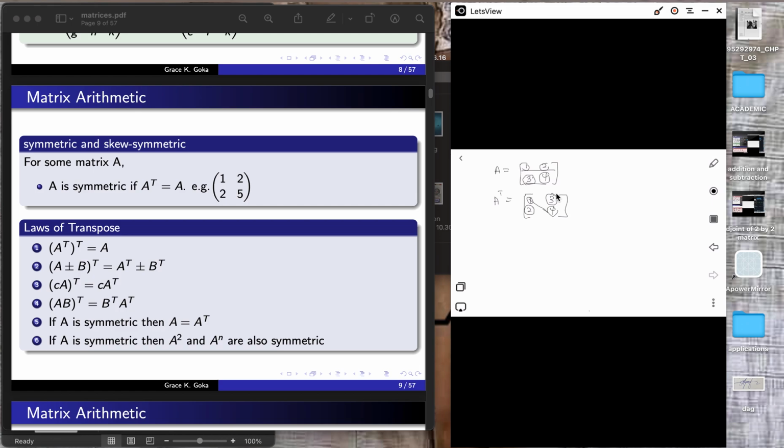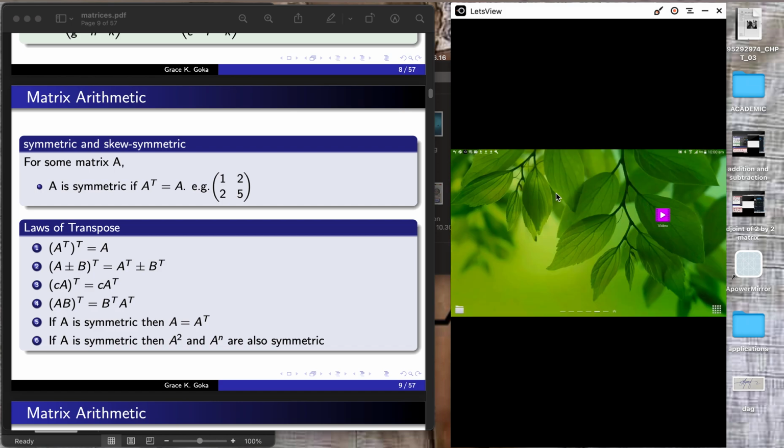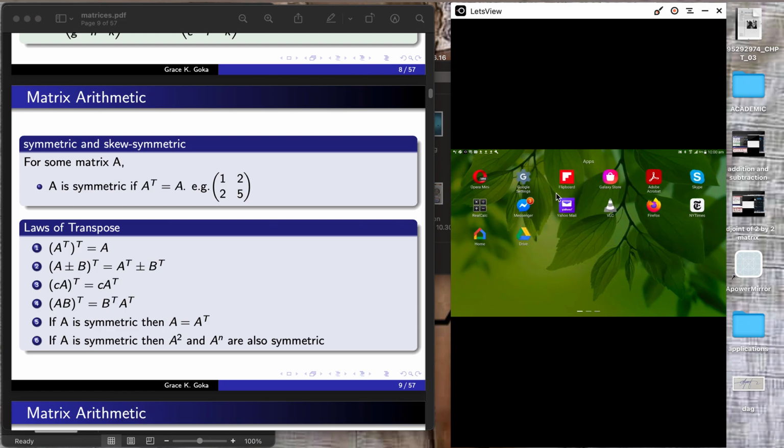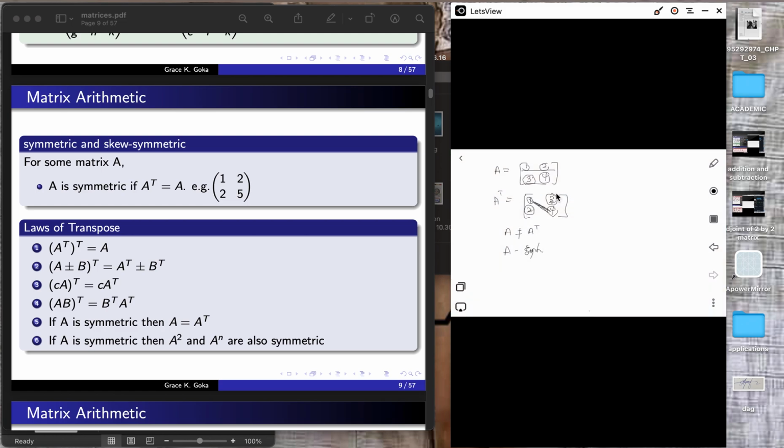So only these two components satisfy the equality condition, but these two do not. So A is not equal to A transpose. If a matrix is not equal to its transpose, such a matrix is known as an anti-symmetric matrix.